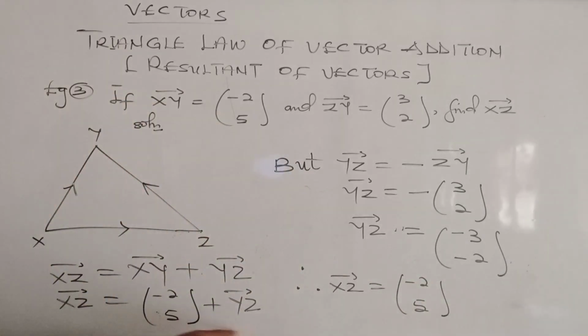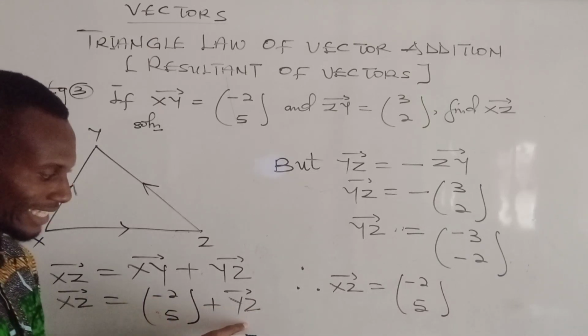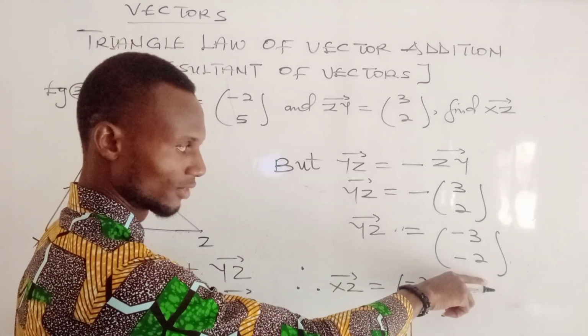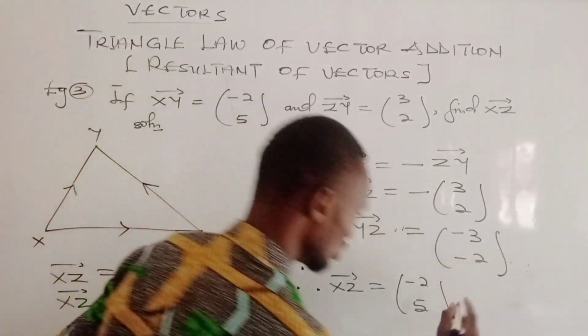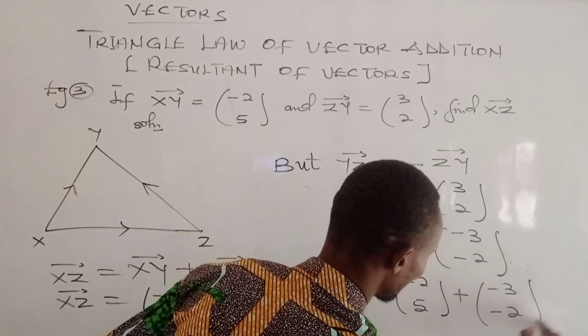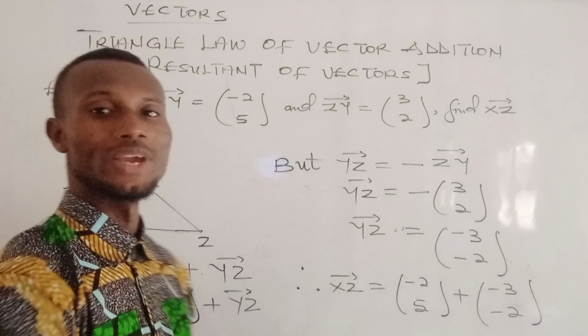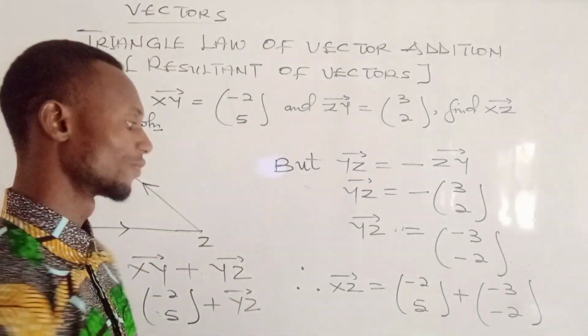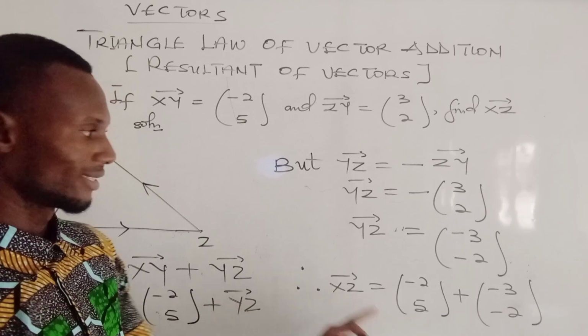Okay, I'm looking at this one. So my sz equals, I have my minus 2, 5 plus the vector yz. We've gotten the value of vector yz now, which is here, minus 3, minus 2. So plus minus 3, minus 2. Okay, now from here, we just need to simplify to get our answer for the vector sz.